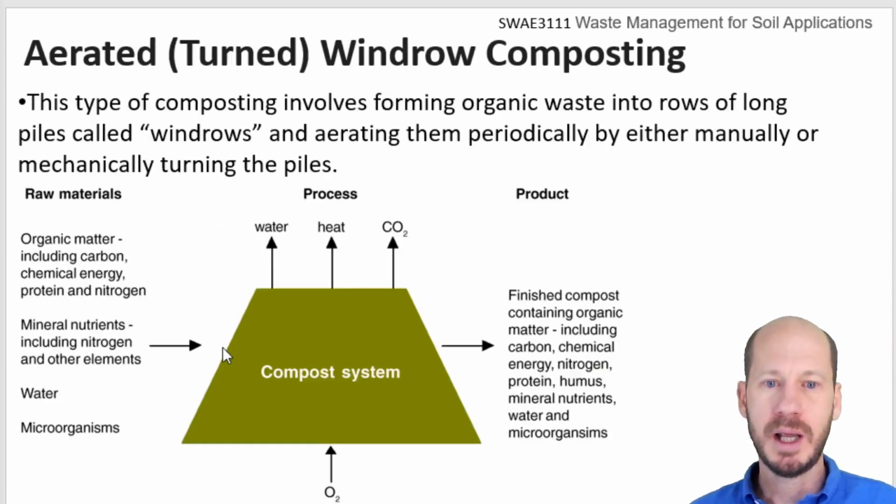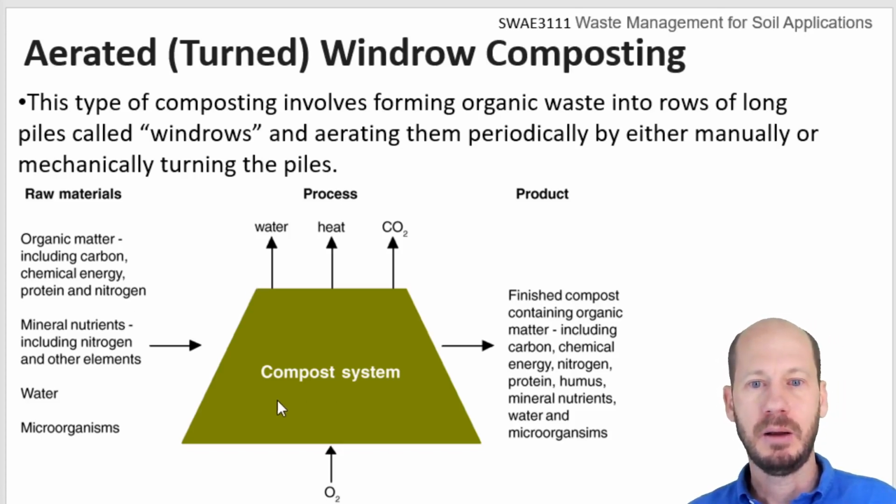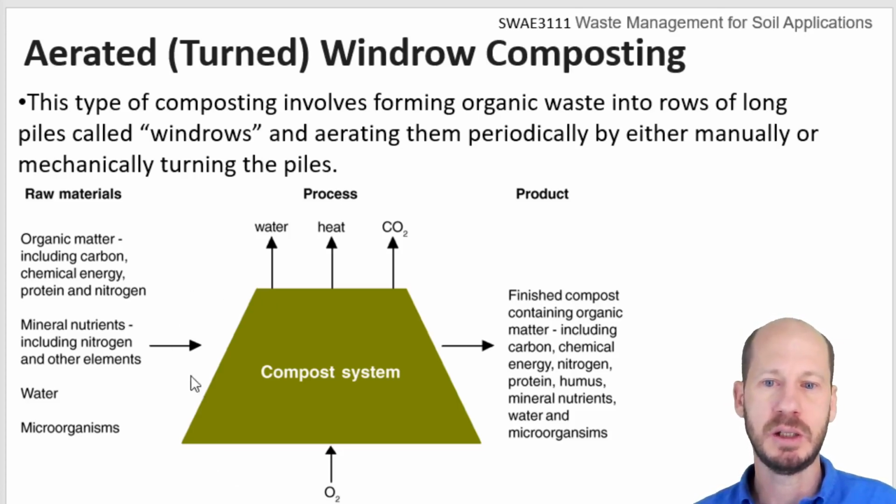What is the process? We already showed you before. This is a big line of what's called a windrow, and the organic matter decomposition happens through the microbial activity on this pile, where the organic matter is oxidized, and some of the oxidation of the organic matter leads to the formation of stable humus, which will be a highly valuable organic amendment for soils, which is called the finished compost.